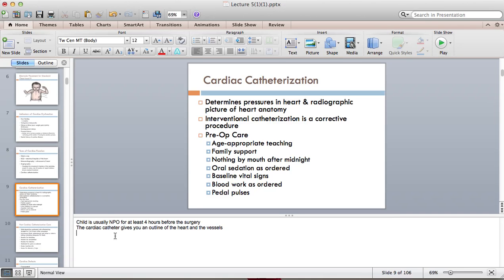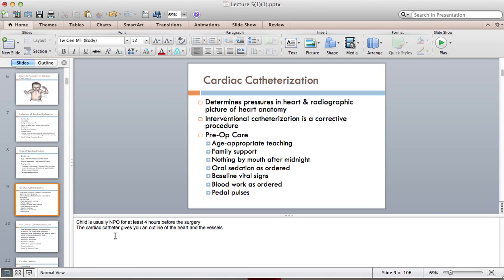We need to teach the parents about what is going to happen, and do age-appropriate teaching, because sometimes the heart problem may not be evident in the immediate newborn period, and then the child grows to be a preschool, school-age child, or even bigger before they notice the problem, and then they need to do a cardiac cath to figure out what is going on.